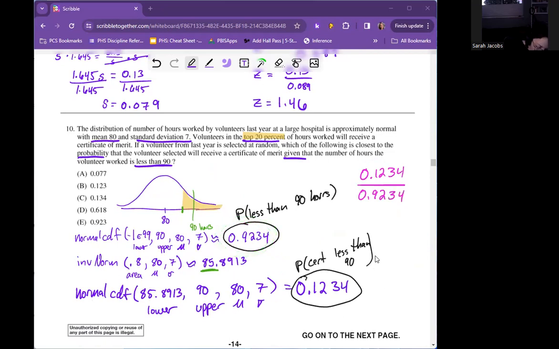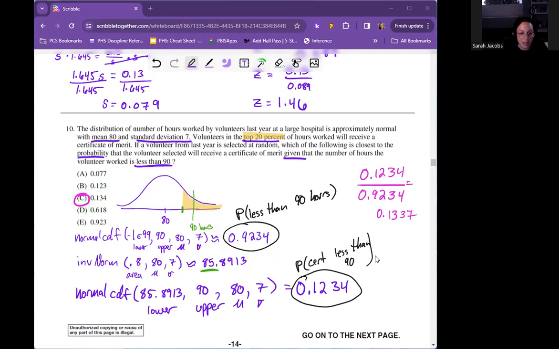Most of these values are probably in your calculator and you can just scroll up and grab them. You don't have to write out all of it, but you can use all of it. So that's going to give us a total of about 0.1337, which if we round it is going to be our 0.134.